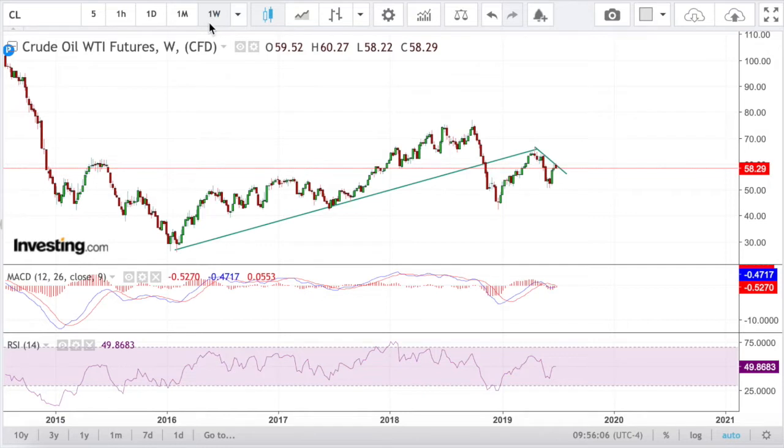So this is a weekly chart of crude oil WTI futures, and as you can see, we have a nice trend line dating back to 2016 that we broke down when the stock market and the crude oil market crashed, and we blew right past this trend line.